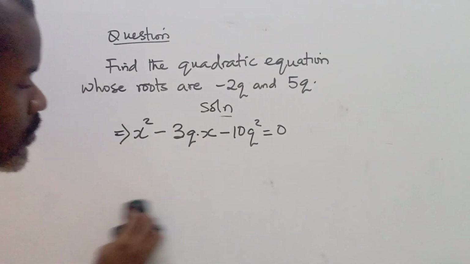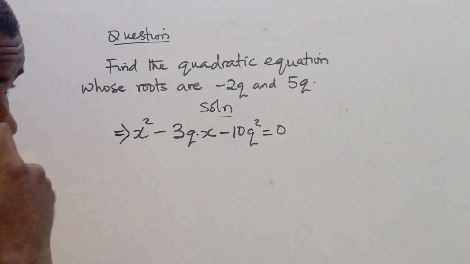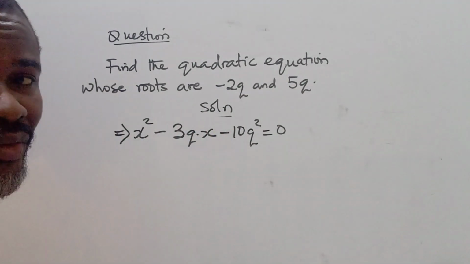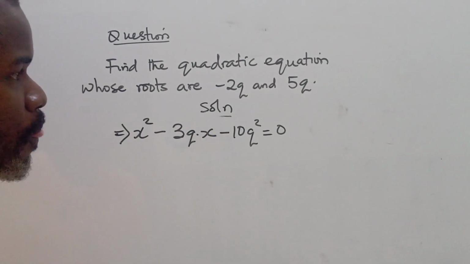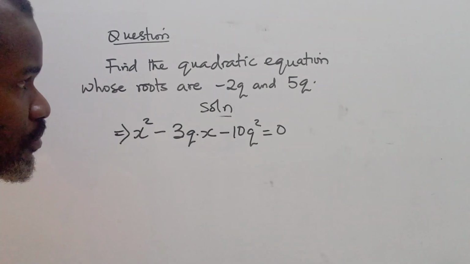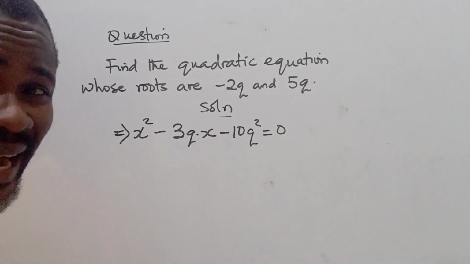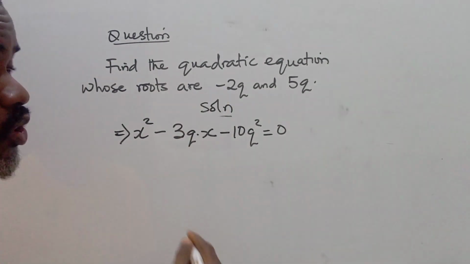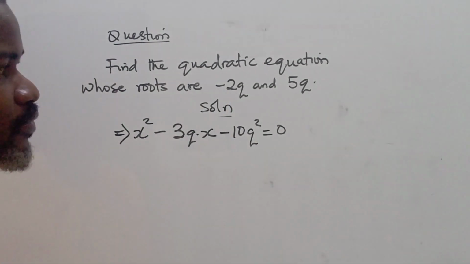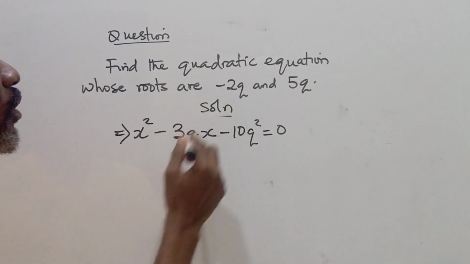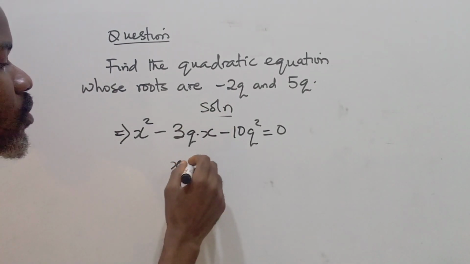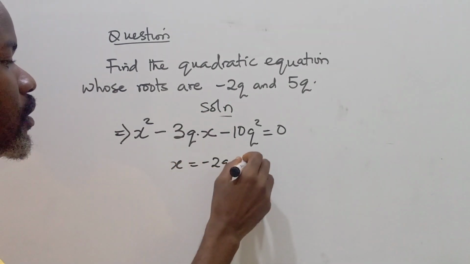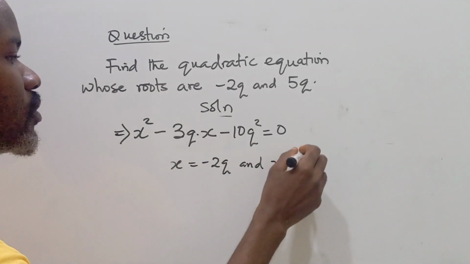Now another method of arriving at this is solving the quadratic equation backwards. When you solve a quadratic equation, your final answer is the roots: x equals minus 2q and x equals 5q.